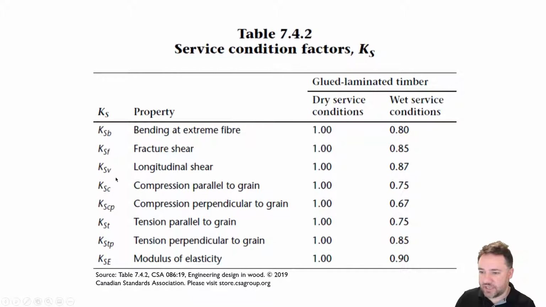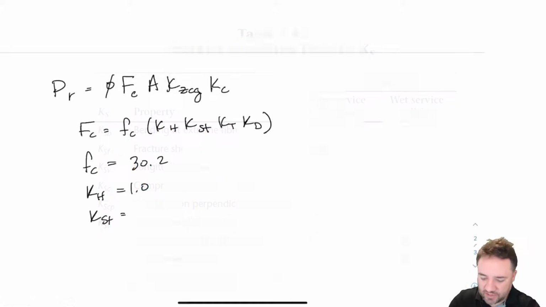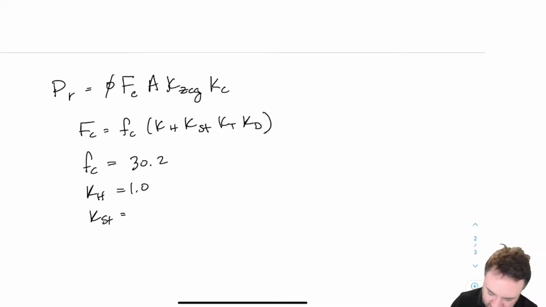Oh, I have a little typo. It should be KSC, which is compression parallel to grain. For wet surface conditions, that's 0.75. So this is not KST. That's what it is for tension, which was the previous example. This is KSC, and this equals 0.75 from our table.